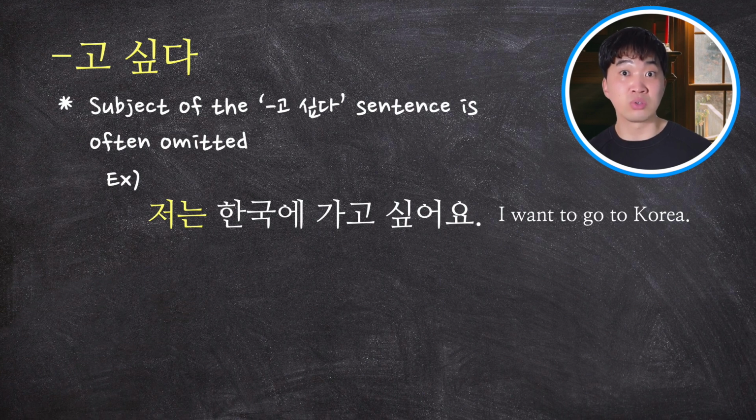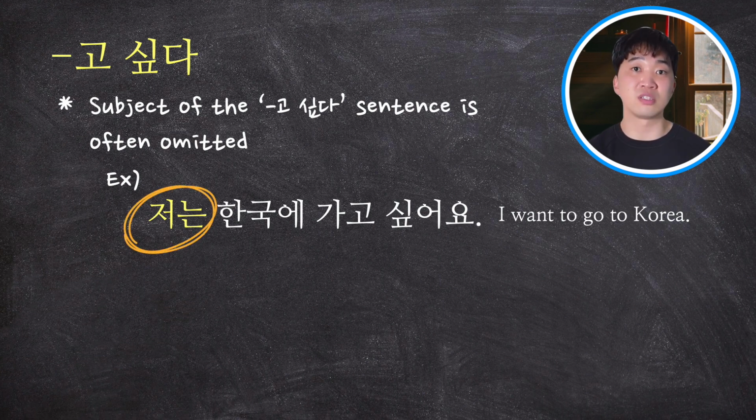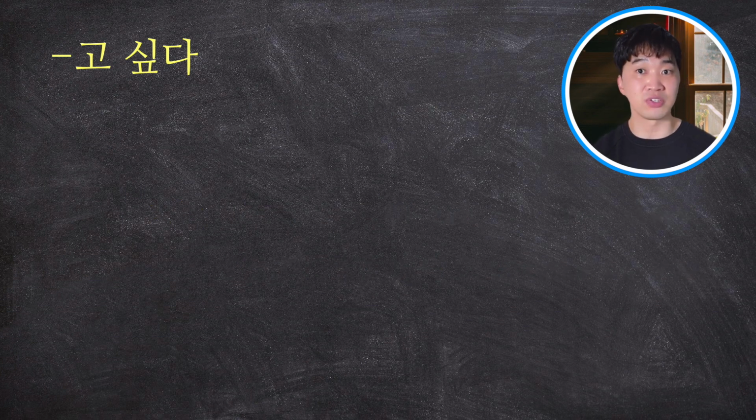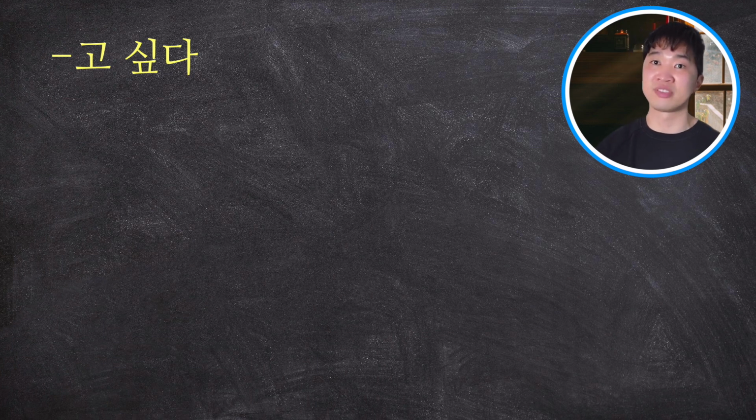I want to go to Korea. Here is the subject. 저. If you say just 한국에 가고 싶어요, all the listeners know the speaker wants to go to Korea. So you can omit the subject when you say 고 싶다. It doesn't matter. Okay, I will show you some verbs and you read it 고 싶다 with the verb stem.